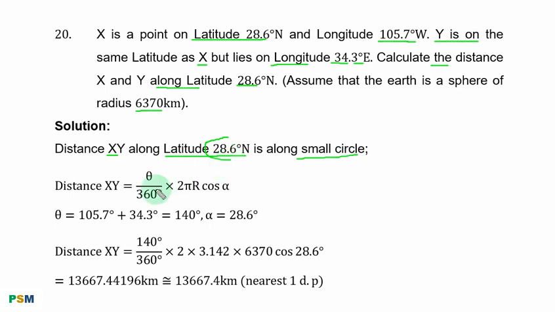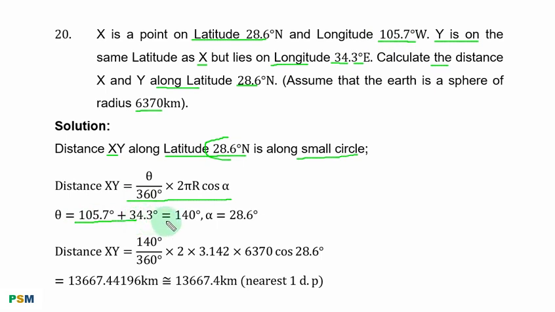So distance SY can be obtained using this formula. The two points are on different sides of the prime meridian, and as such their angular difference is through addition.